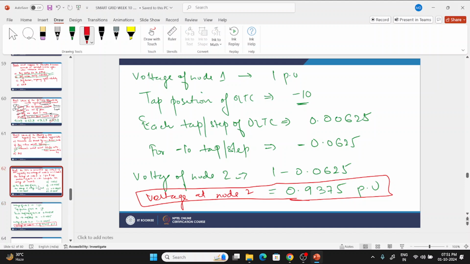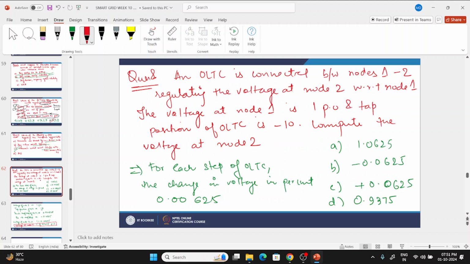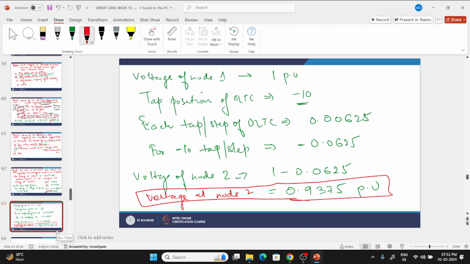So if we go towards the option, we can see this one is the correct. All these are wrong. I hope you have understood this.